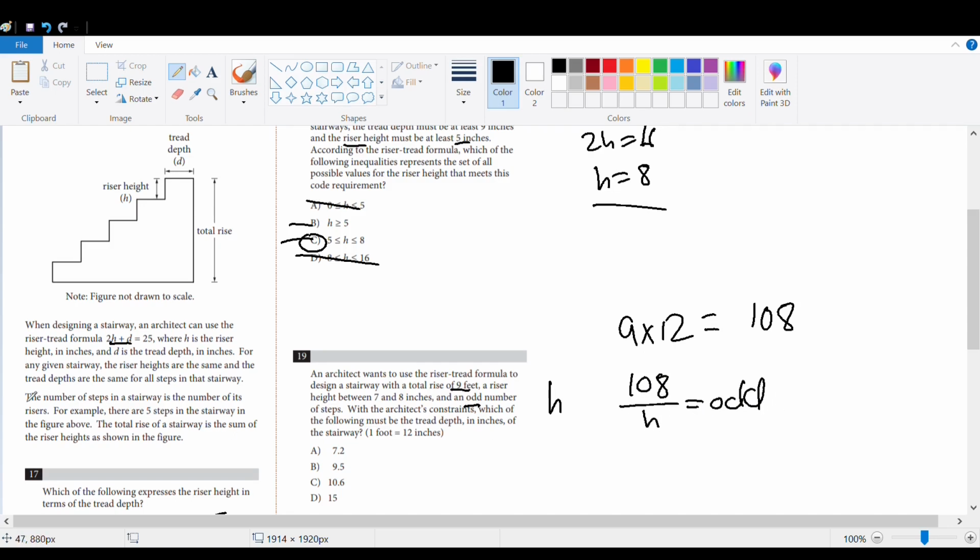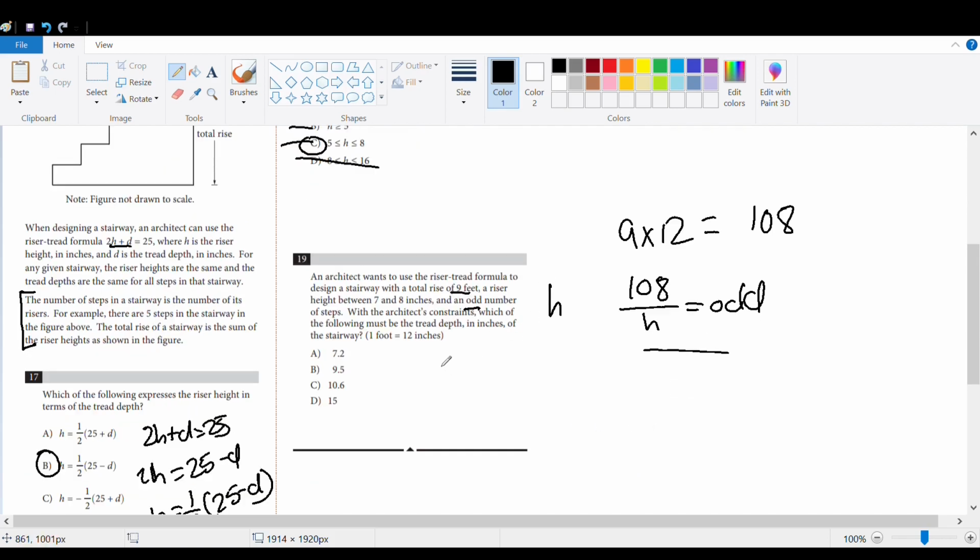We can extrapolate that from this paragraph, because the number of steps in the stairway is the number of its risers, and the total rise of a stairway is the sum of riser heights as shown in the figure. So if the total rise is the sum of riser heights, and the riser height is h, the sum of all h's will become 108, and if there are an odd number of riser heights that create 108, then 108 over h is odd.